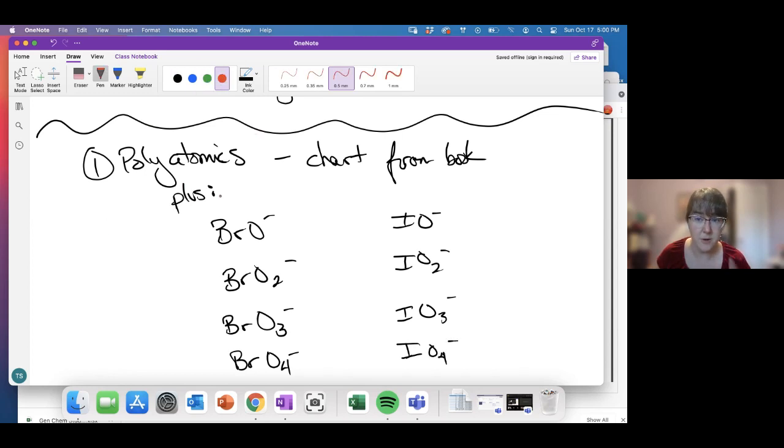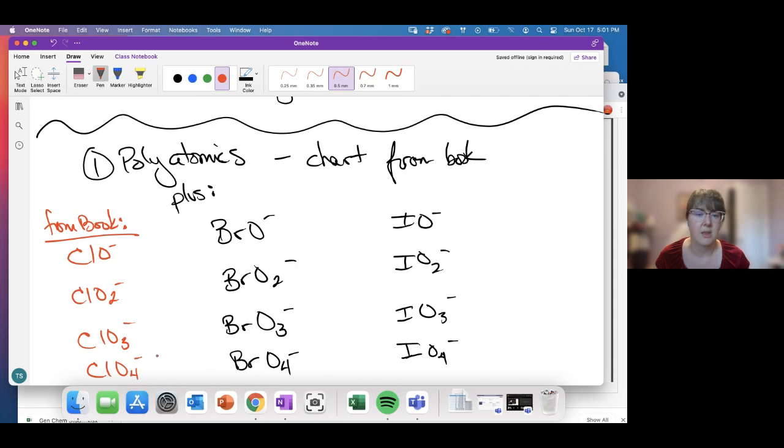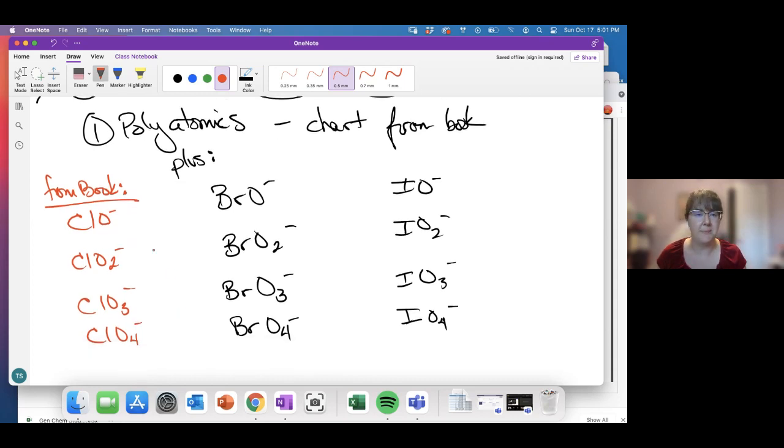So from the book, are these. And essentially, what you should notice is these all look like they have something in common. There's a set of polyatomic ions that all have chlorine in them.